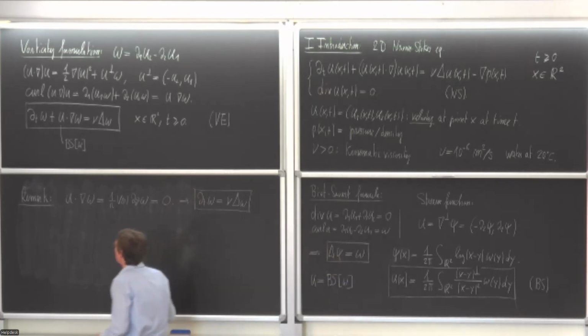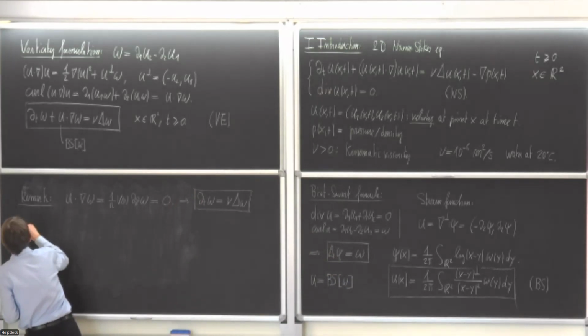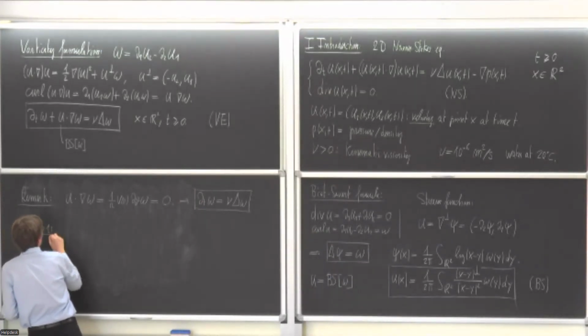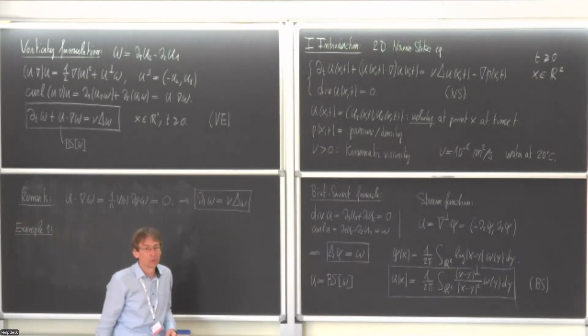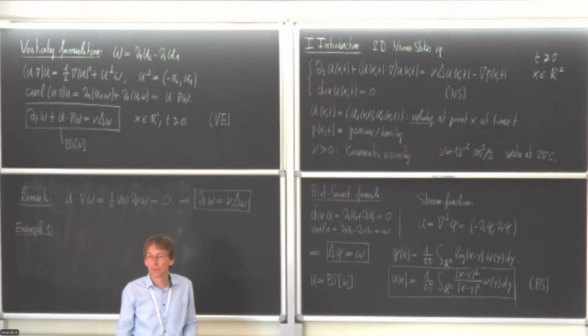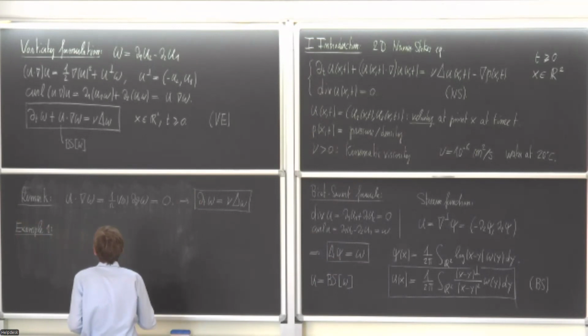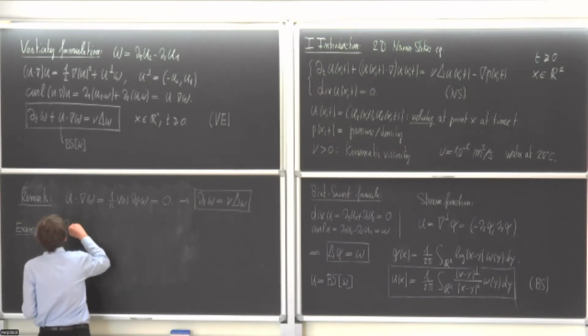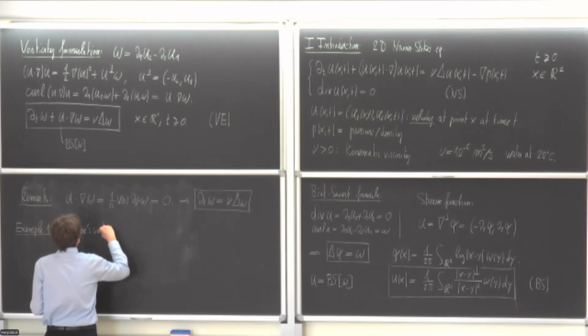So, examples. Example 1: if you open books on fluid mechanics, you find many examples of radially symmetric vortices with names. And the first one is the Rankine vortex.